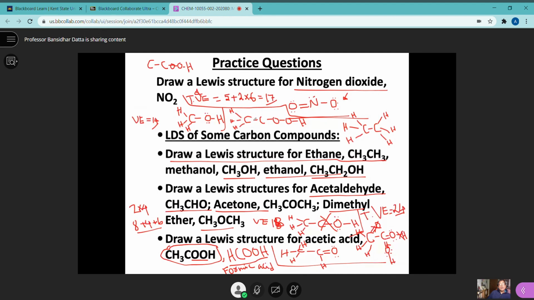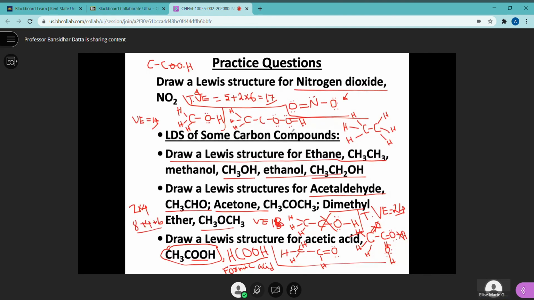So this carbon is fine, right? 2, 4, 6, and 8. Now, whenever you have oxygen, you have to put these dots. Now see how many electrons are used up. You count it for me. 22. So you have 2 more remaining, right?